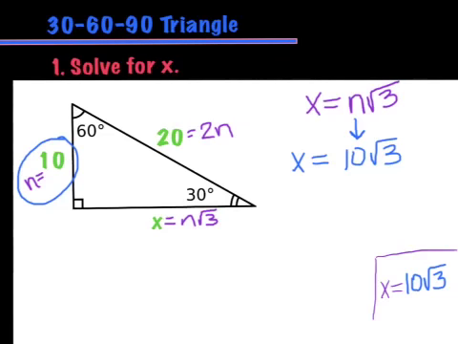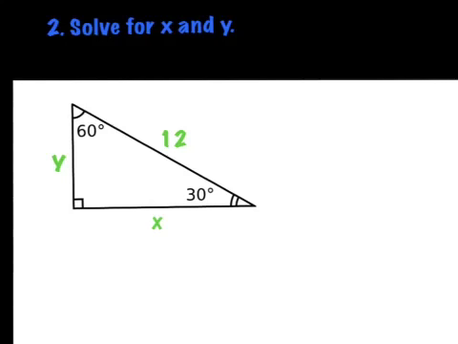Let's try another one. Okay, for problem 2, we have to find both x and y. So we're only given one side. We have to figure out what is the value of x and what is the value of y. Well, if we didn't have a template and we were trying to do Pythagorean theorem, it wouldn't work because we have 2 unknown values. Can't do it.